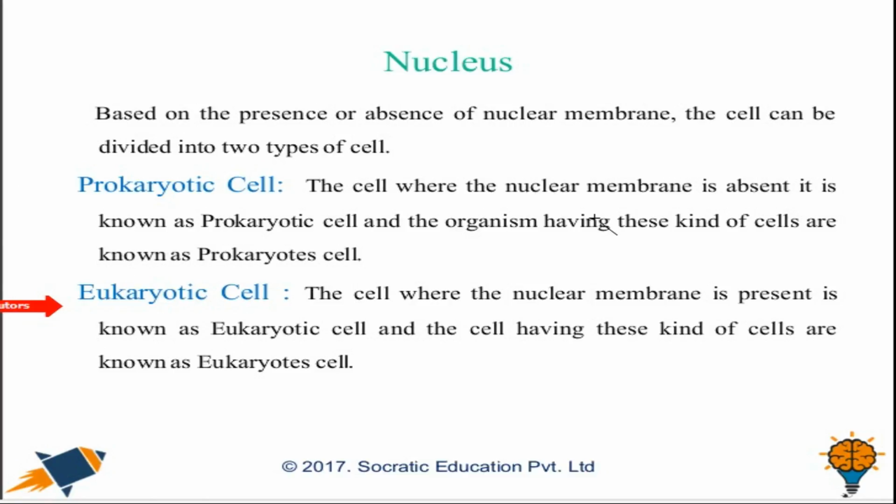So pay attention that in a prokaryotic cell there is no nuclear membrane, and organisms having these kinds of cells are called prokaryotes. On the opposite, we have the eukaryotic cell, where the nuclear membrane is present.